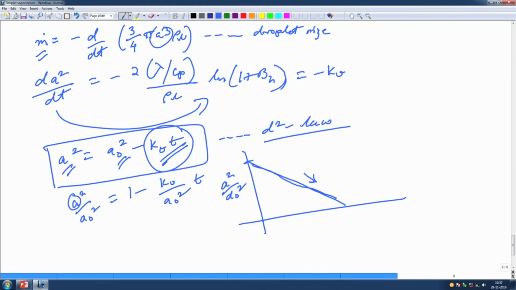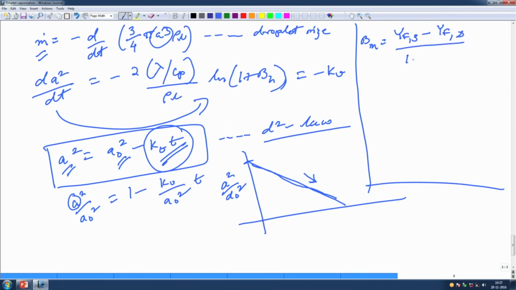Now, there is another thing to this d square law. We have determined it based on the Spalding heat transfer number. There is also the Spalding mass transfer number, which is nothing but, at the surface versus the far field, 1 minus the surface.